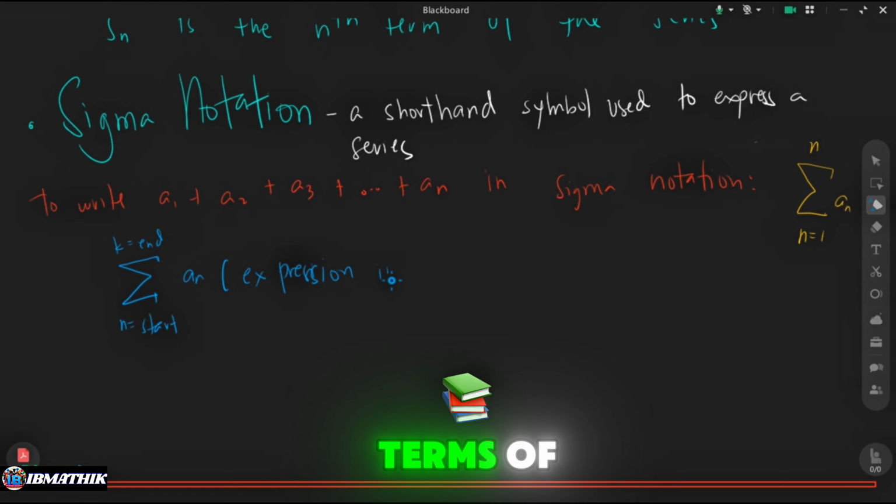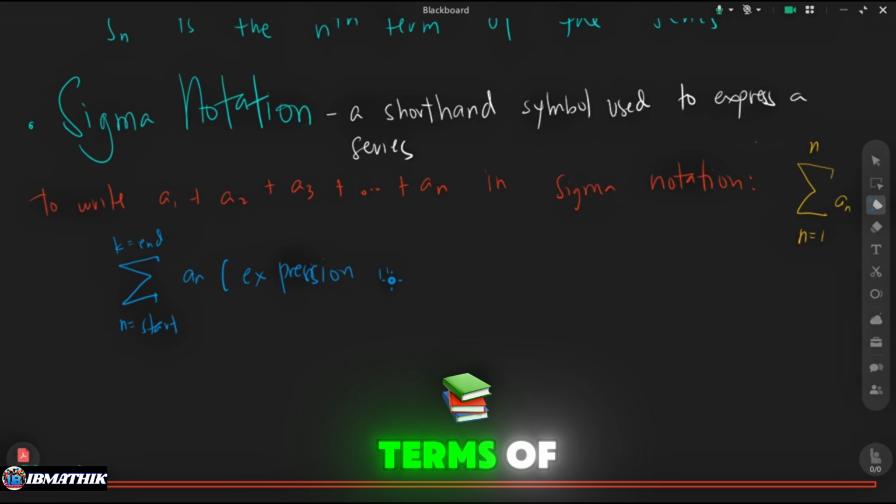The second term, which is the finite series, is a series with a definite number of terms. When we say definite, you can count the terms, or there is a limitation, there is an end. So let's have an example.